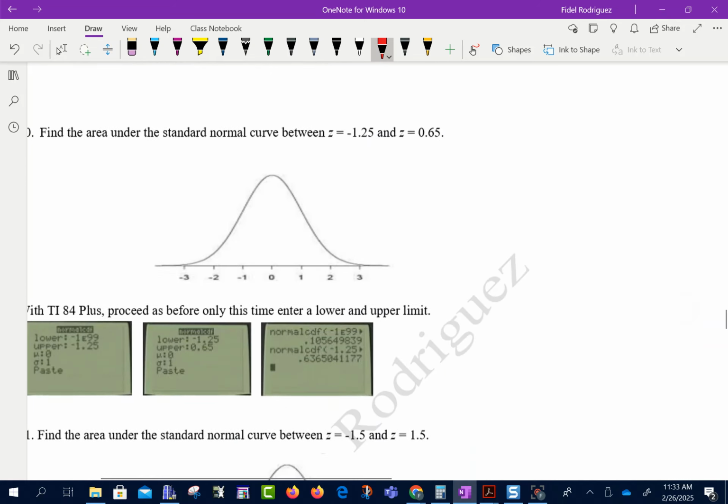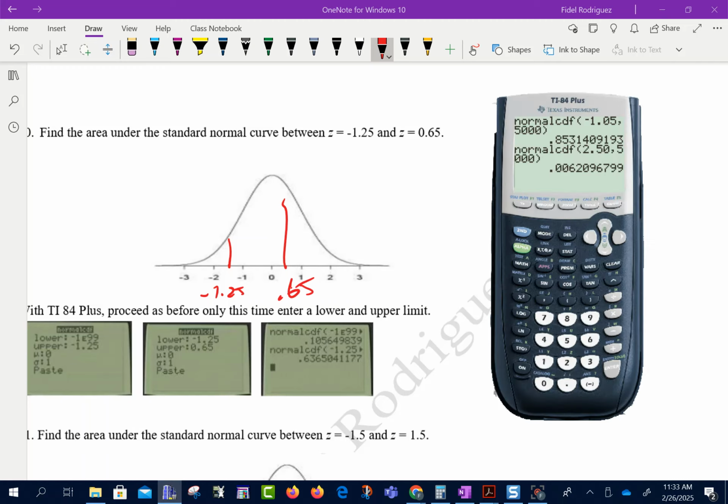All right. What about between negative 1.25 and 0.65? Same thing, my friends. We're just going to use our calculator. So second bars, normal CDF. Let's do that again.